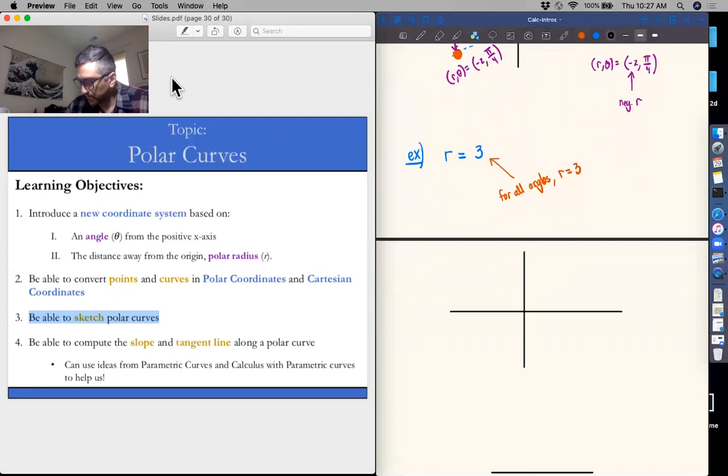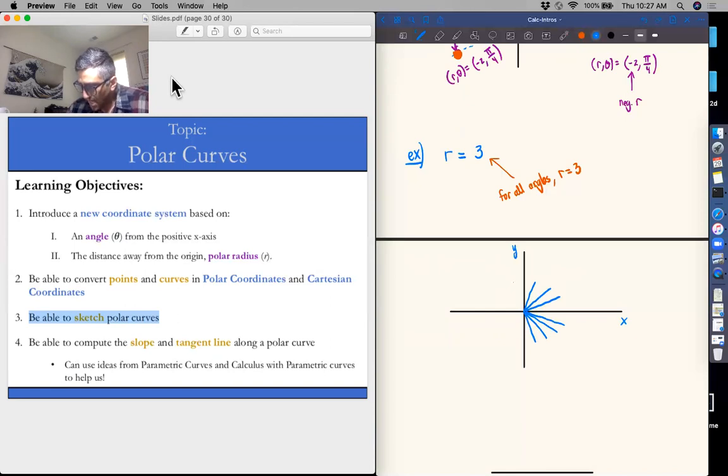So if we just draw our XY plane, what that's saying again is, say I'm at an angle over in the third or the fourth quadrant, it doesn't matter what angle I'm at, I'm always a distance of 3 away from the origin. Or if I'm in the first quadrant, it doesn't matter what angle I'm at, I'm always at a distance of 3 from the origin.